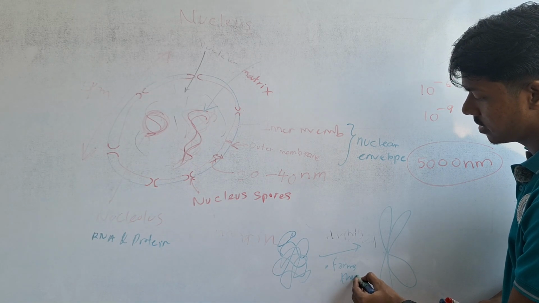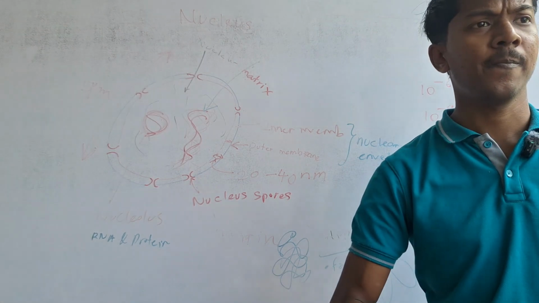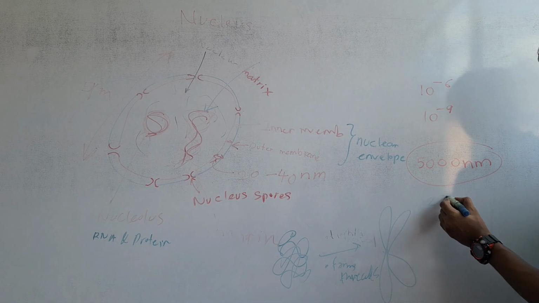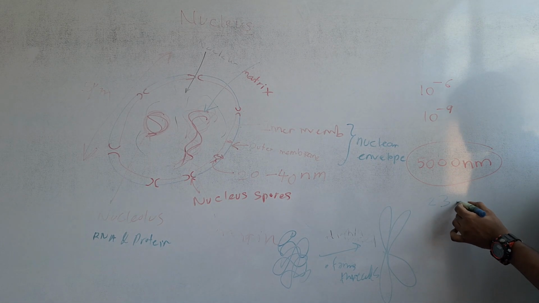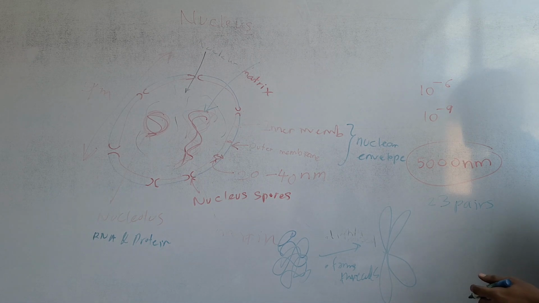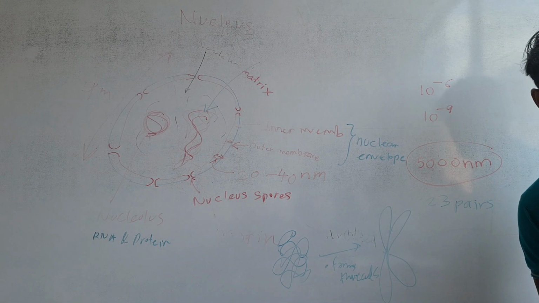Forms thread. In the human species, how many chromosomes are there? 23 pairs. How many sex chromosomes? 1 pair.